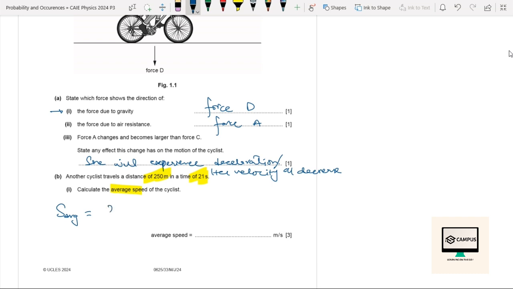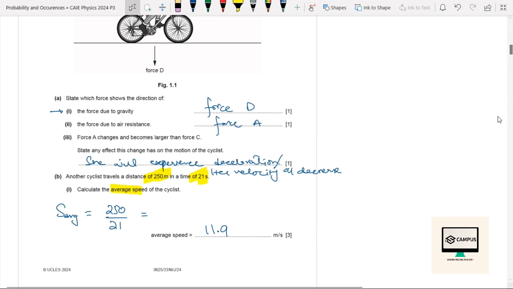So 250 meters is the distance covered divided by 21, which will give us, let me quickly open the calculator, which you should have right beside you in the examination. So it's 11.9 meters per second.